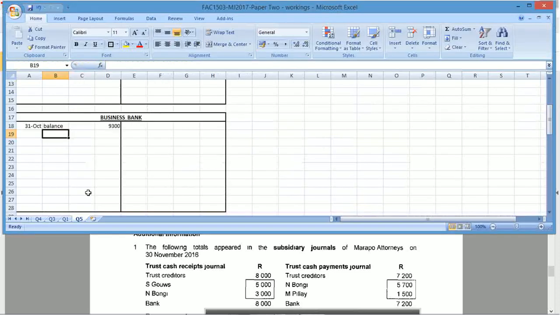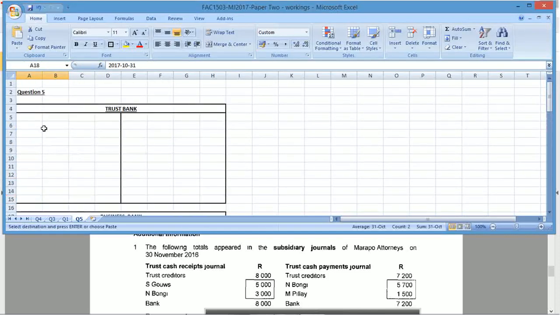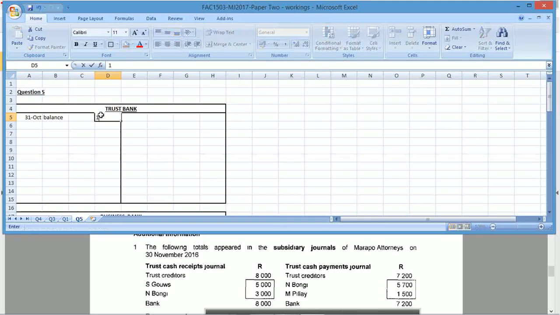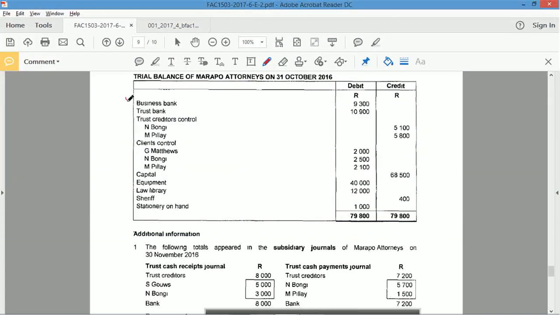Trust bank account, 10,900. Same story. Trust bank account, 10,900. Make sense? Great. Okay, so tick that, tick that. Then you've got trust creditors control, which comprises two, Bongi and Pillay. This needs to be added. So 5 and 5 is 10, 1 and 8 is 9. So 10,900.